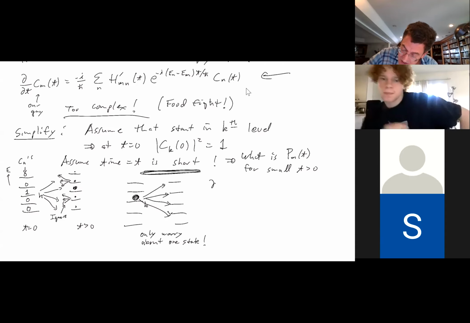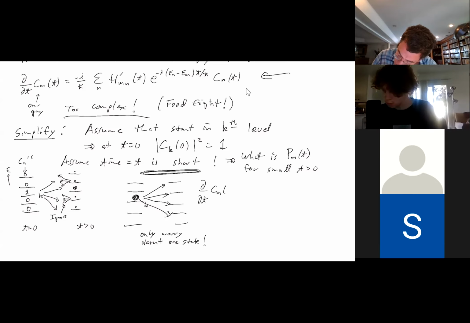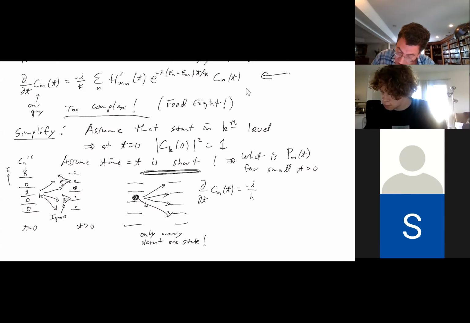The time rate of change, d/dt, of the amplitude in some arbitrary m state is equal to negative i over h bar, and I only worry about one state, H prime from m, starting from the initial state, e to the negative i, the energy of the initial state minus the energy of the m state, t, times the amplitude of the initial state of t.